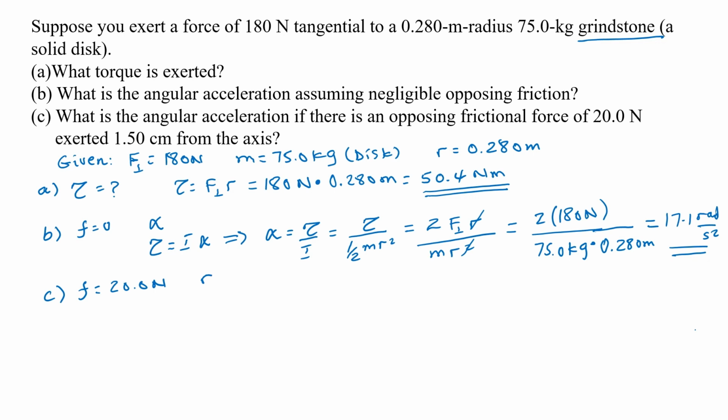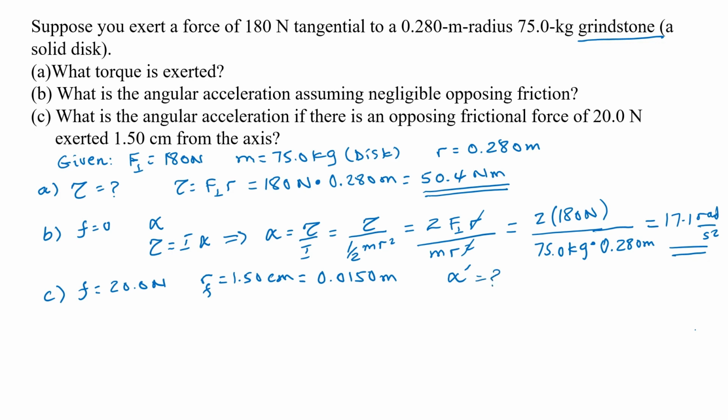The distance where the friction force is exerted is 1.50 centimeter, which is equal to 0.0150 meter. And what we are asked to find now is the rotational acceleration, differentiated from the acceleration in B by just putting a prime.